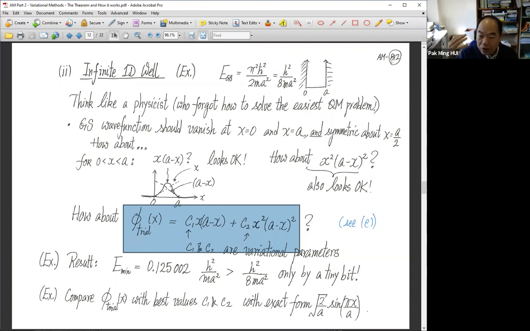We will make use of this kind of form of trial wave function many, many times, okay? We will do that a few pages later, and that is the most important application of variational calculations.